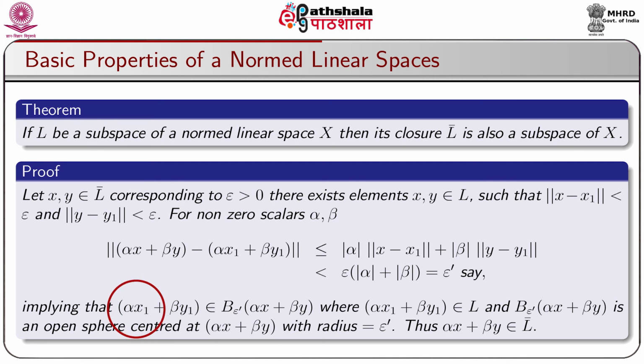This implies alpha x1 plus beta y1 belongs to B(alpha x plus beta y, epsilon dash), the open ball centered at alpha x plus beta y with radius epsilon dash, where alpha x1 plus beta y1 belongs to capital L. Thus, alpha x plus beta y belongs to L bar.